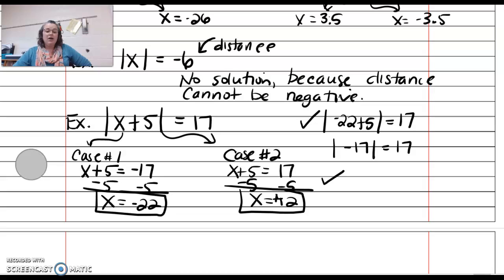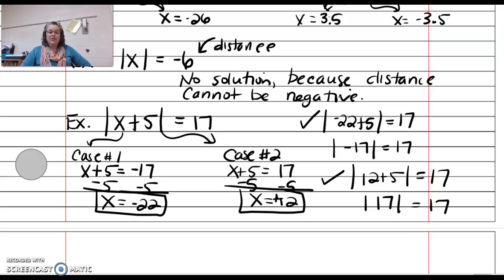If I were to check the other case, I would have the absolute value of 12 plus 5. Does this equal 17? Yes, the absolute value of 17 equals 17. So both sides of the story check out. Both of our cases check out.